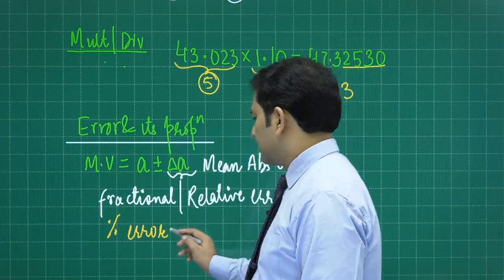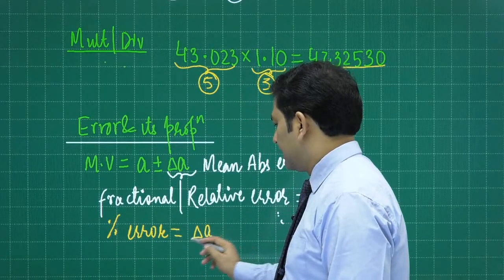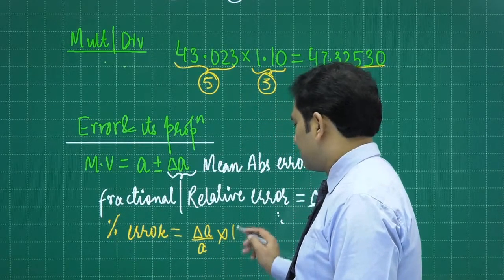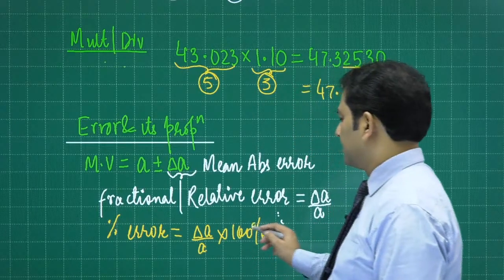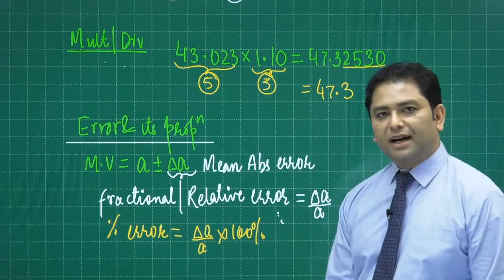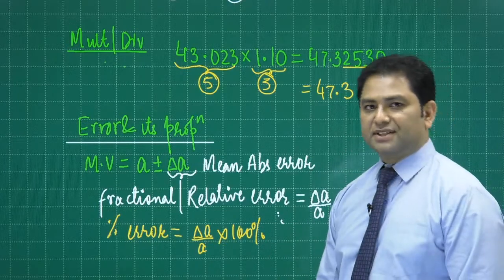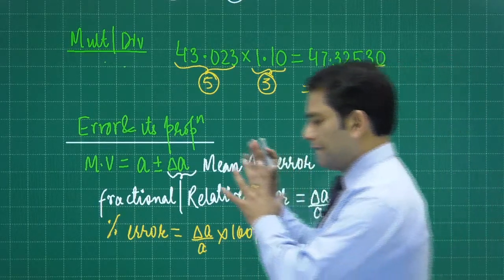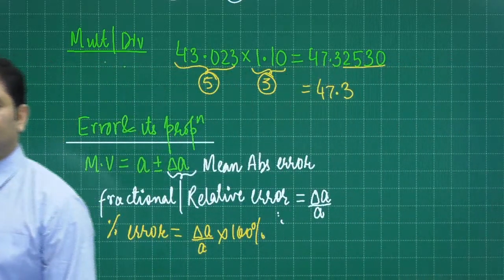So what is the percentage error? That's simply delta A by A multiplied by 100%. You multiply the relative error by 100, you would get the percentage error. So these are the basic terminology.